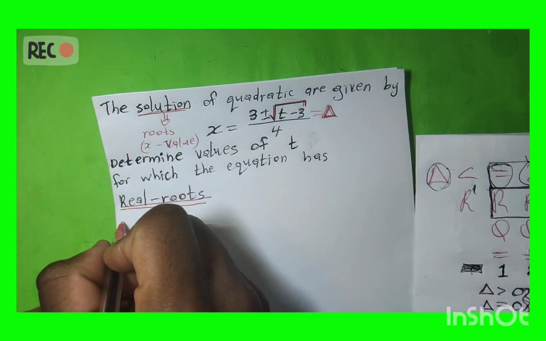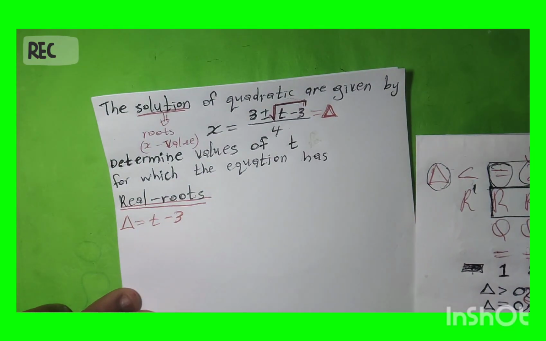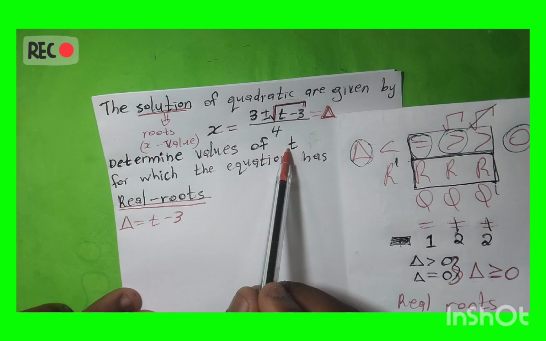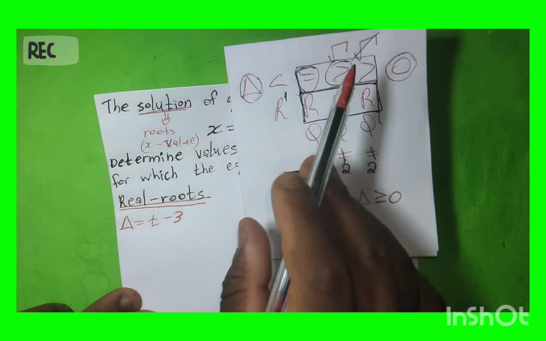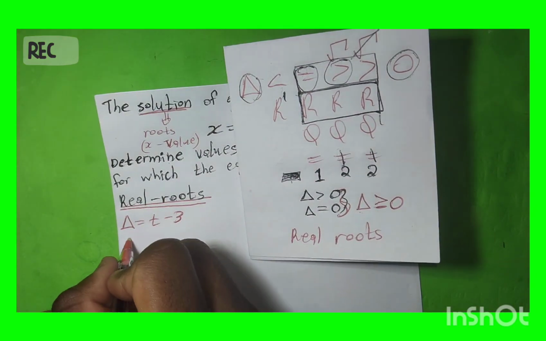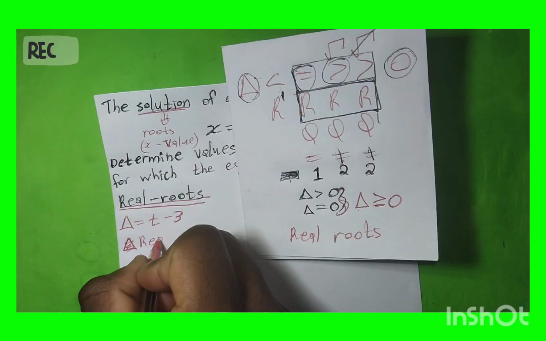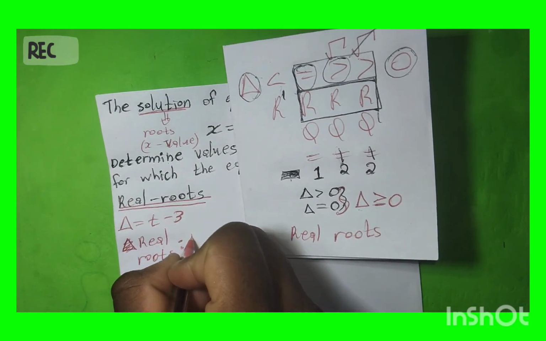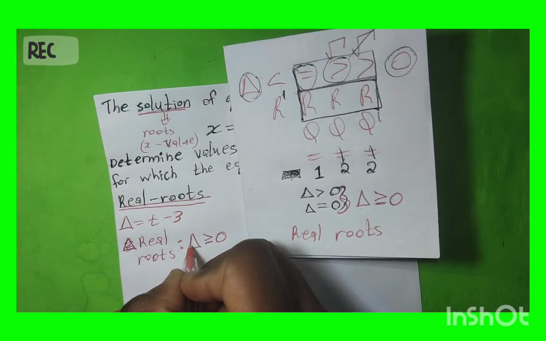So it means our discriminant, we know it, is t minus 3. And what they need you to do is solve for the values of t whereby the equation will have real roots. In order for it to have real roots, it means the discriminant should be greater than or equal to 0.